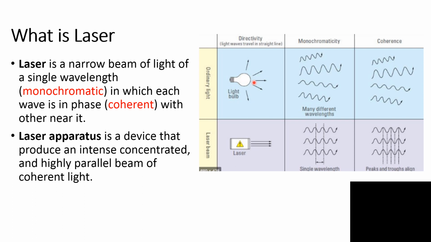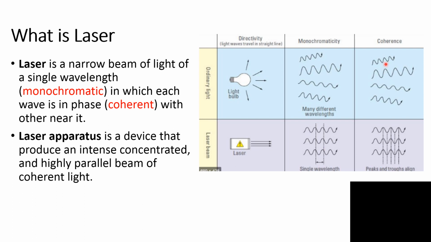So it means our white light is made of 7 colors of light, and each color has different wavelength. So therefore, in a bulb we get waves of different wavelengths. But in a laser, we get a wave of single wavelength, therefore we call it monochromatic light.